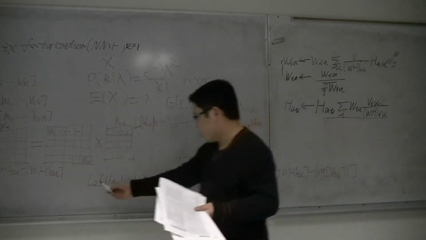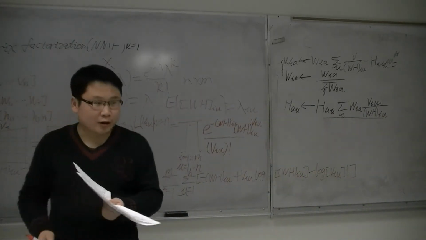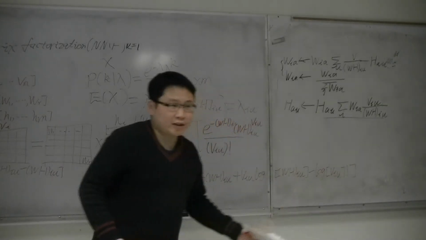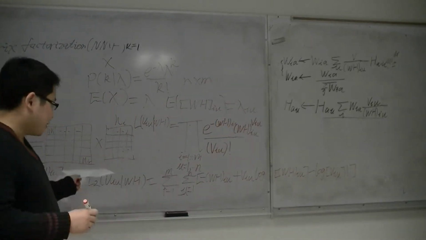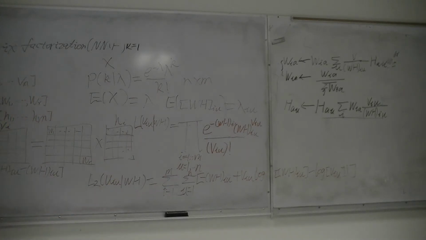This part is equal to this part, except for this constant. So we only need to consider this. This is the procedure of the log function.